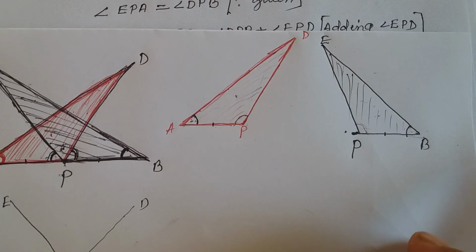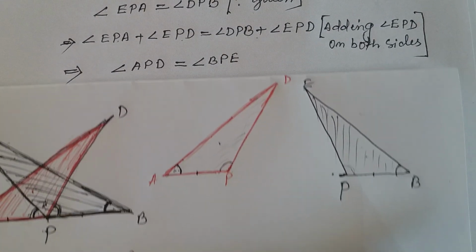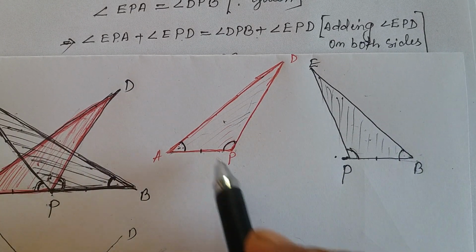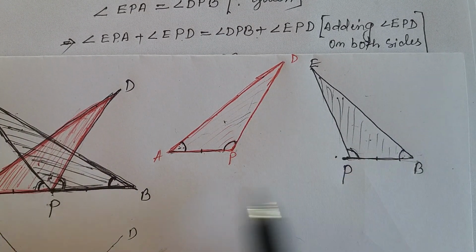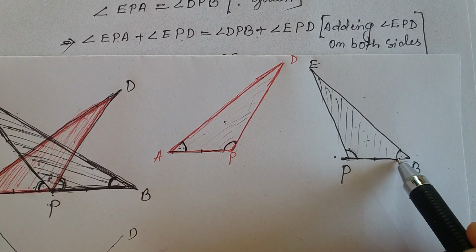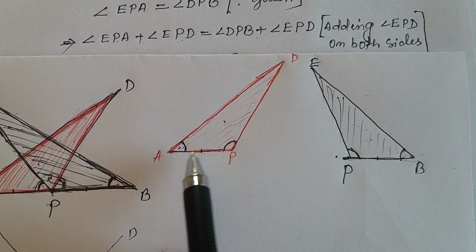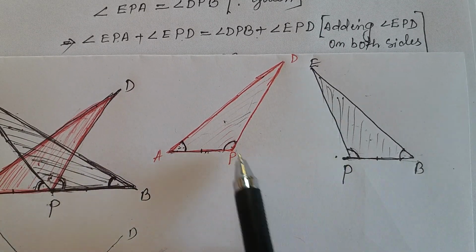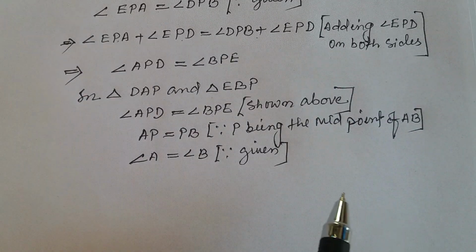So now what we have got is this angle and this angle are equal, this side and this side are equal, and these angles are equal. So now we can apply the angle side angle congruence rule here.